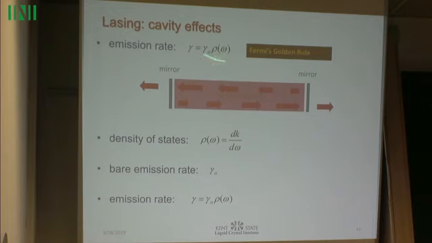So the density of states basically determined where in the spectrum you would have emission. And the density of states is very simple. It's just dk by d omega. And so if you have some bare emission rate of the dye, then it gets modified by this density of states.